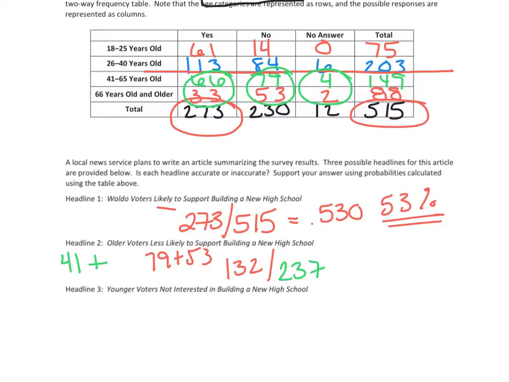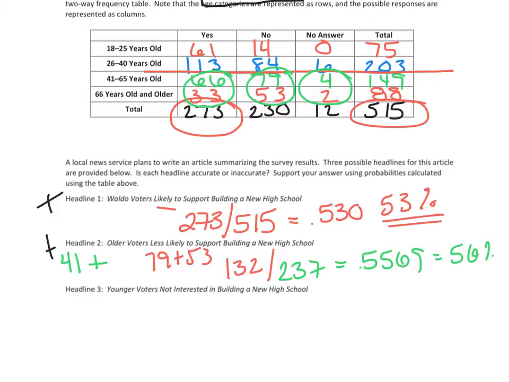And 132 divided by 237 is approximately 0.5569, or 56%. So that would be true, that if you're older than 41, you probably don't want this new high school. So again, if that's what I thought old was, then I would say that is accurate. Next: younger voters are not interested in building a new high school.